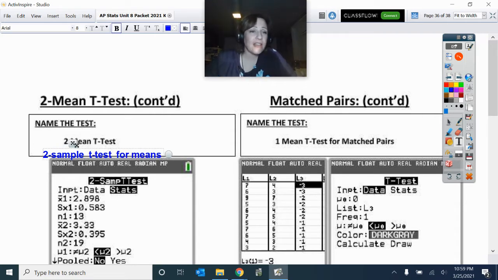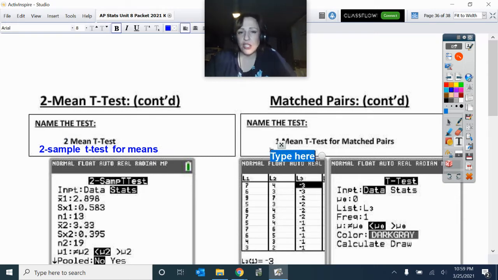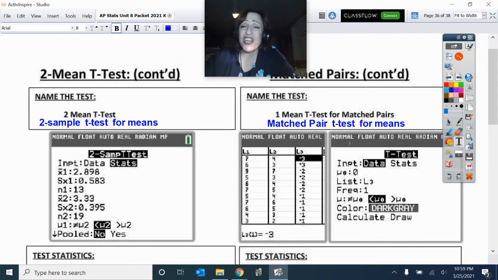And our calculator does also: 2-sample t-test. And then over here, I taught you to call it matched paired t-test for means. Or you could call it one sample, one pair. Anyway, paired has to be in there in that description.